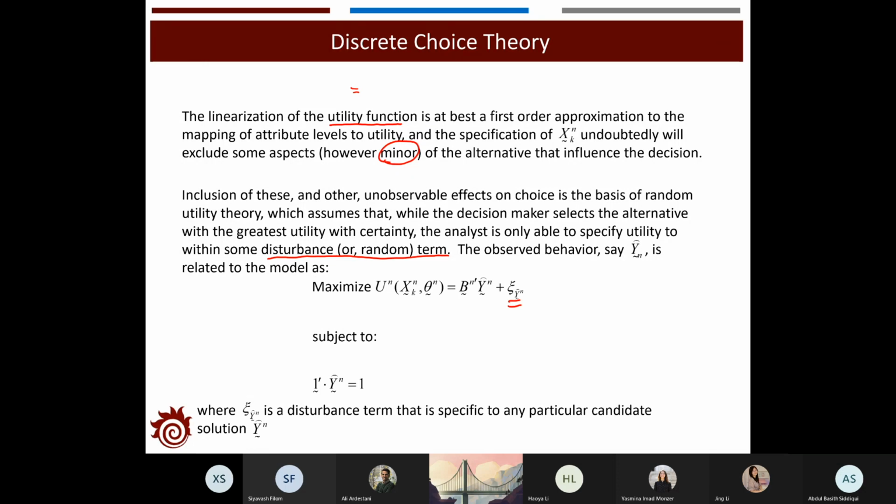We say that is epsilon y for each individual, and it could be applied for any particular candidate solutions. So that's what we do to extend the discrete choice theory, and we call this model the non-deterministic optimization problem.